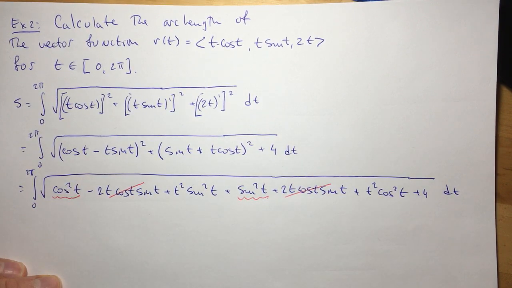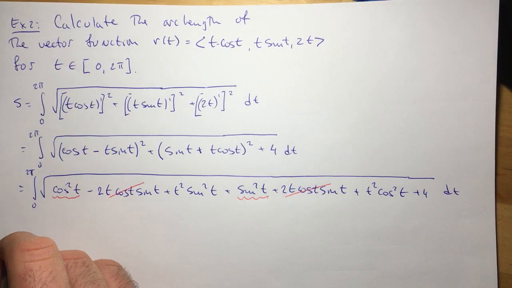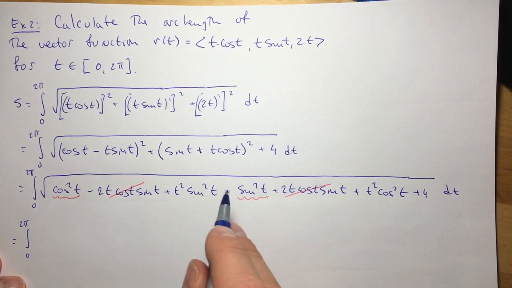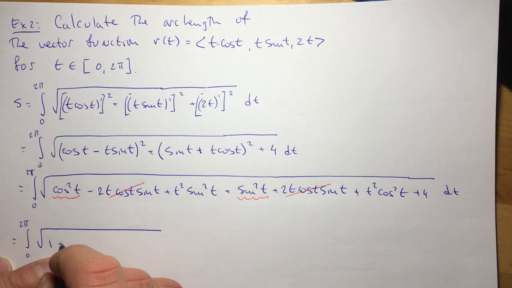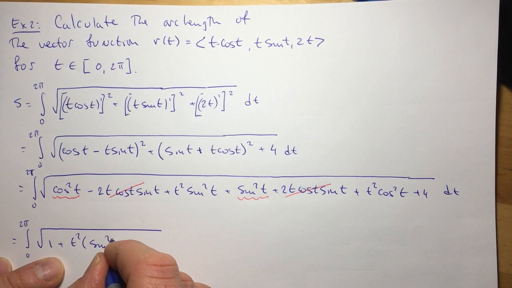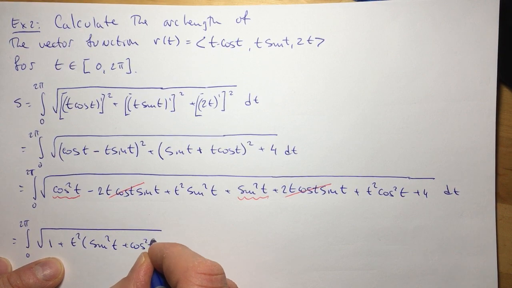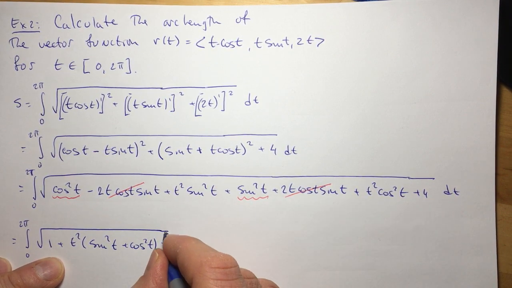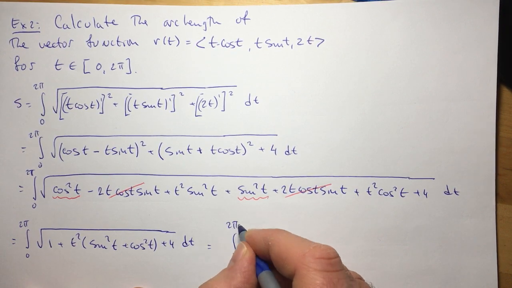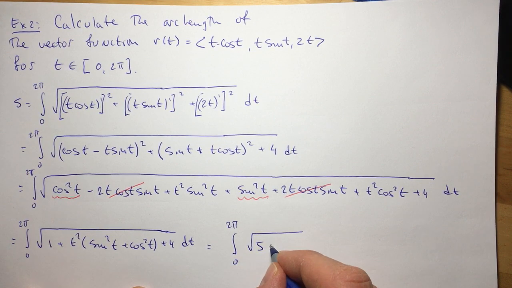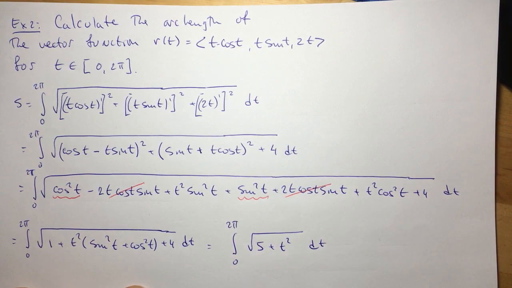This term right here gives us only 1, so that's equal to from 0 to 2 pi cosine squared plus sine squared is just 1, plus t squared sine squared t plus cosine squared t plus 4 dt, and that's equal to the definite integral from 0 to 2 pi square root of 5 plus t squared dt.